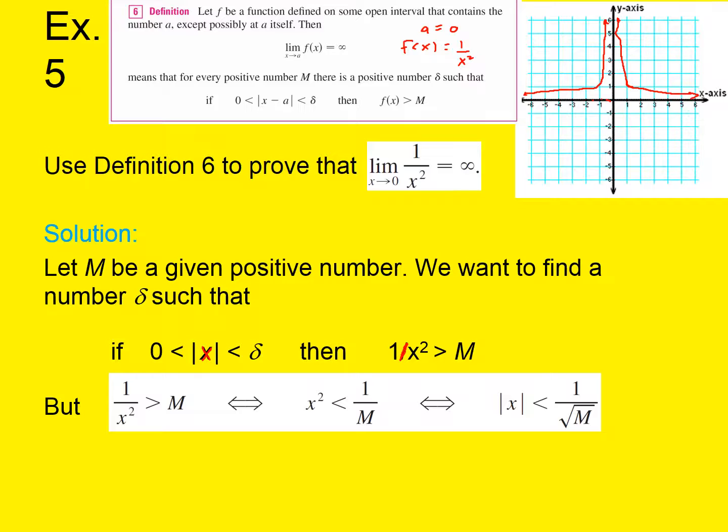We need a delta such that if 0 < absolute x < delta, then this thing is true.